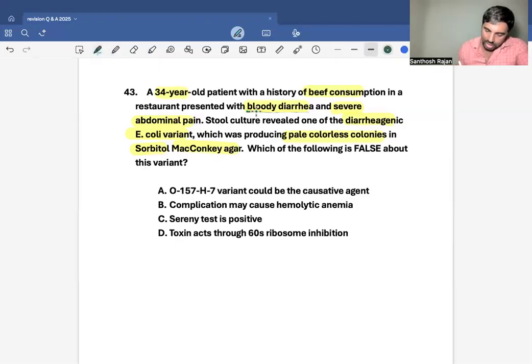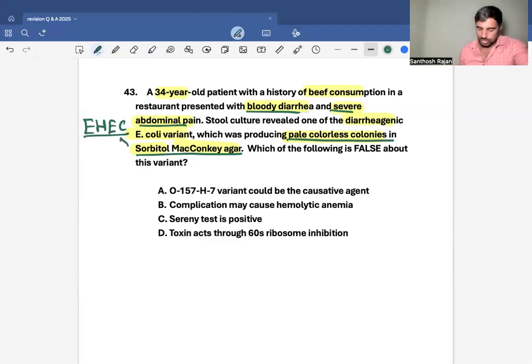When you talk about bloody diarrhea and severe abdominal pain itself, the clue is EHEC, enterohemorrhagic E. coli. Usually in sorbitol, all the E. coli will be pink color, but only here colorless will be there. That's also EHEC. This is a clue.